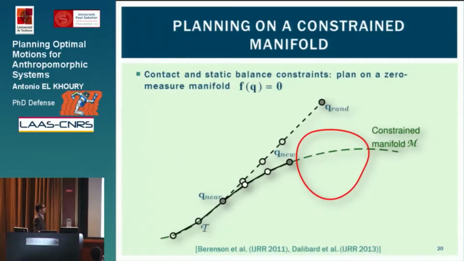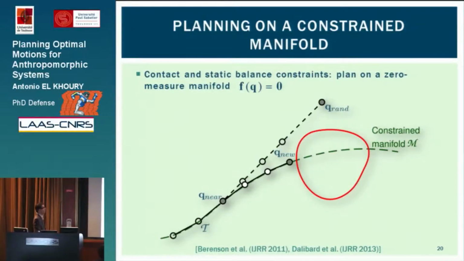So to go from this configuration to another one that is on the constrained manifold, we can rely on Jacobian-based inverse kinematics methods that will basically, starting from this configuration, start a Newton-Raphson method that will iteratively look for the root of this function, and once f(q) equals 0, this means that we are on the constrained manifold.